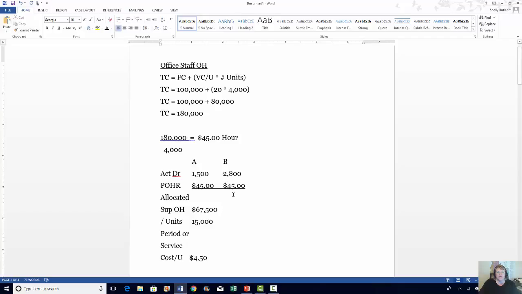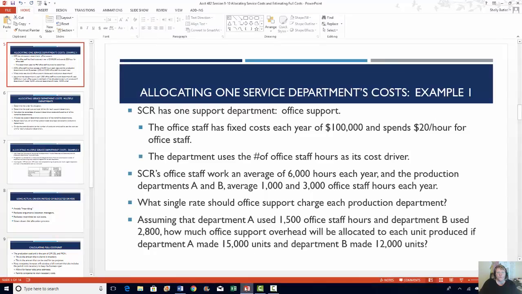And we need to finish this over here. 2,800 multiplied by $45 is 126,000. And we made how many units here?